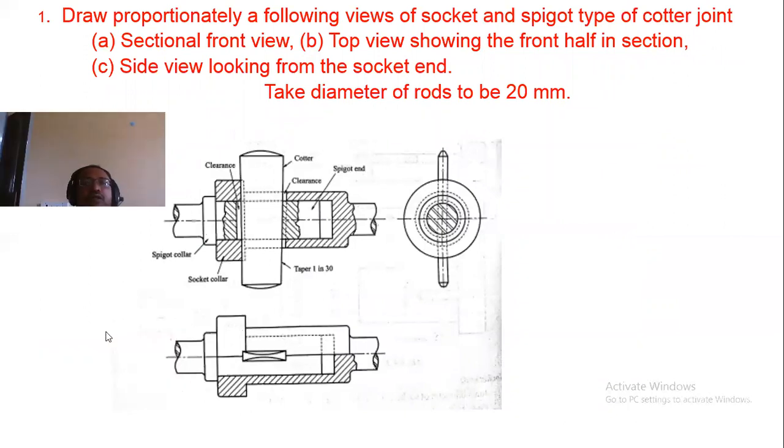It is required to draw the socket and spigot type of cotter joint. In that, it is required to draw the sectional front view, top view showing the front half in section, and side view looking from the socket end. So here only the diameter is given.